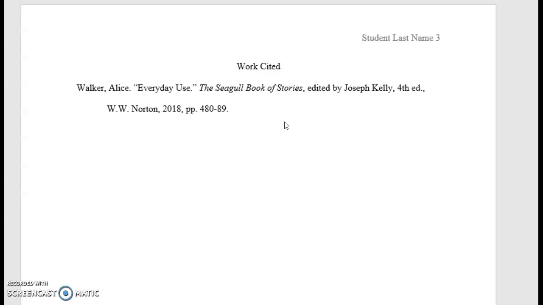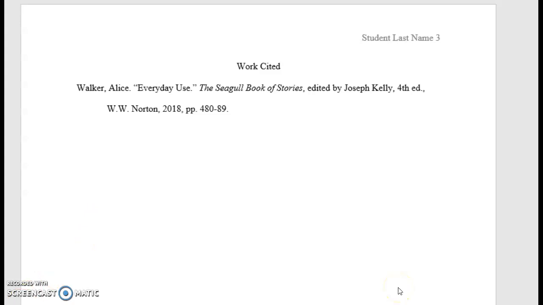And also just kind of another formatting note is that with citations, we use what is called a hanging or reverse indent. And so that first line sticks out and all of our subsequent lines are indented. And that's really useful to a reader who is looking at your parenthetical references or citations within the text of your paper, and they're trying to match those up to the citations on your works cited page.